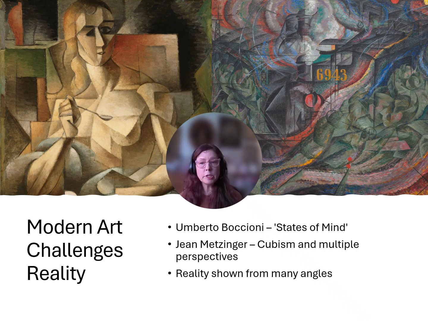So artists respond by saying, hey, maybe reality isn't just simple anymore. Maybe reality is very fragmented. Maybe it's layered. Maybe it depends on perspective. And that is what modern art does. It stops trying to show the world as it looks and starts trying to show the world as it's experienced.